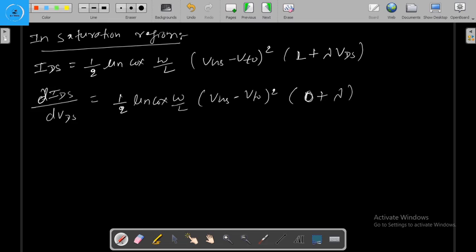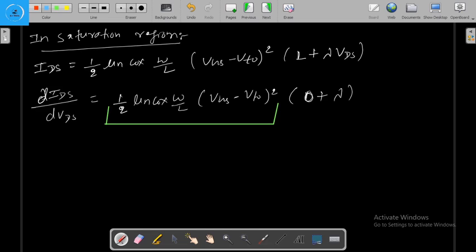Now see here, for this, what is this? This is the drain to source current without channel length modulation. And what is this? This is dID upon dVDS.